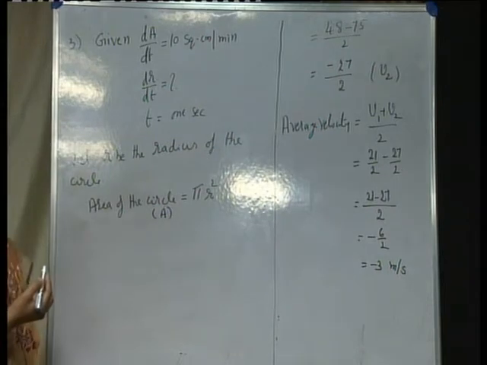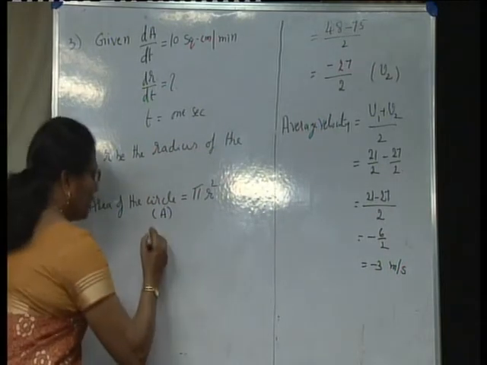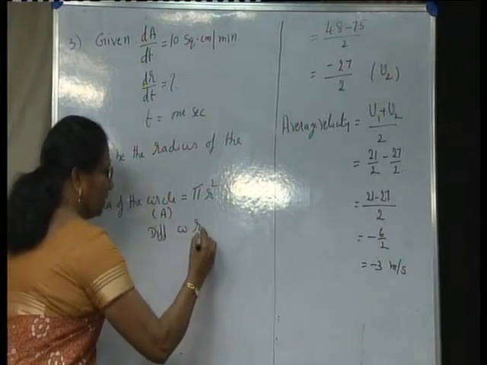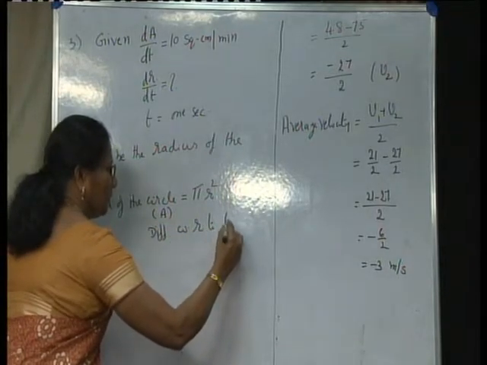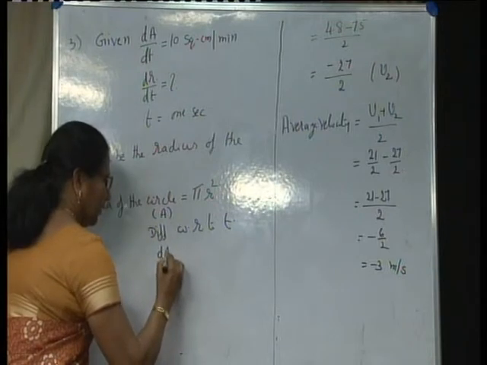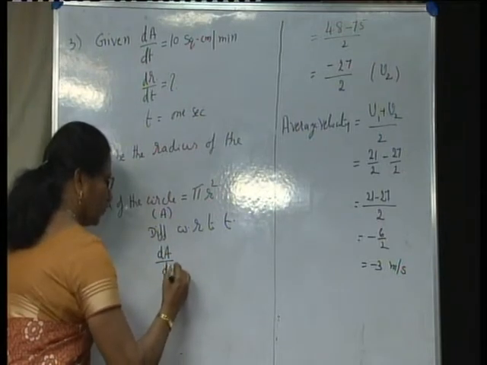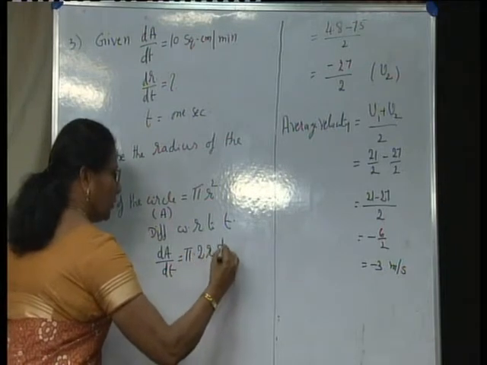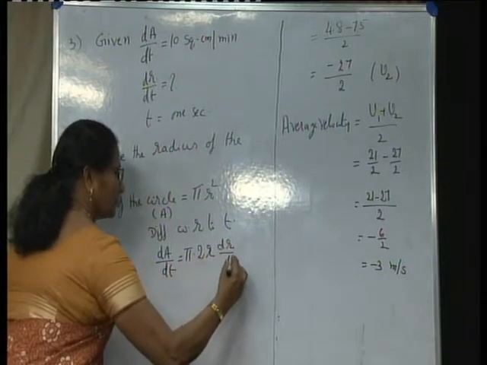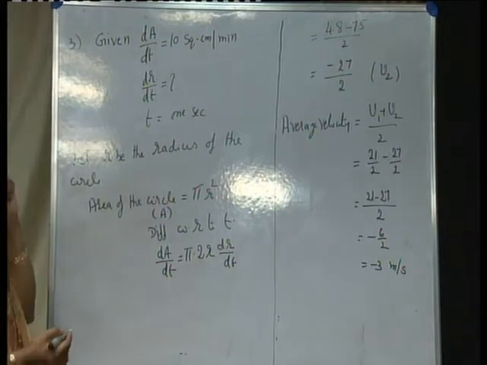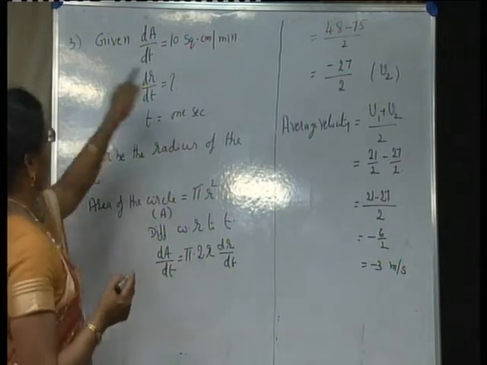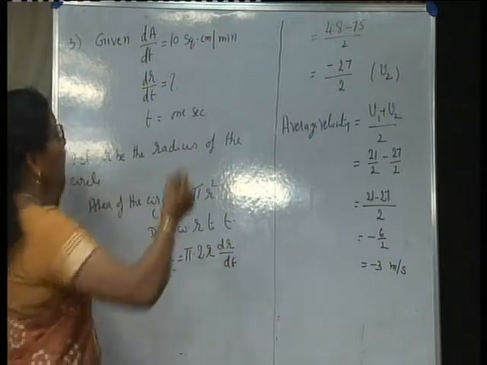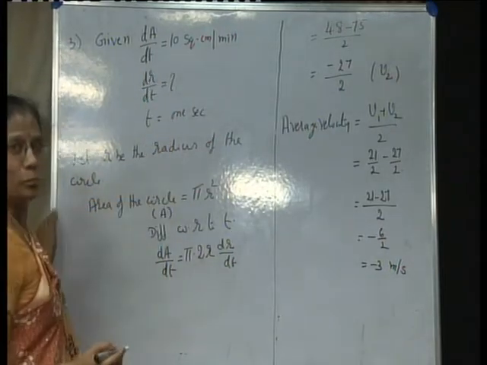Area is denoted by A. Differentiate with respect to t. dA by dt equals pi times 2r dr by dt, since pi is constant. We have to find at what rate the radius increases in 1 second, but dA by dt is given per minute.